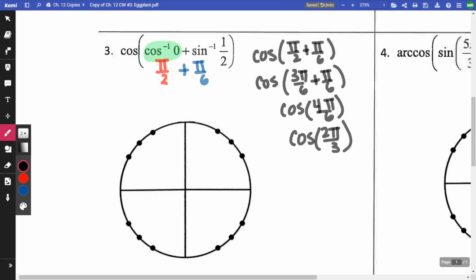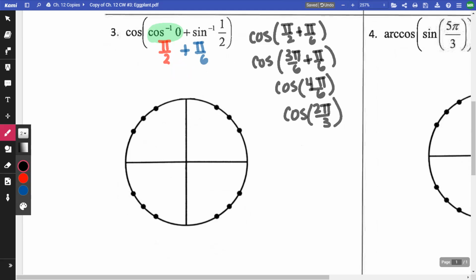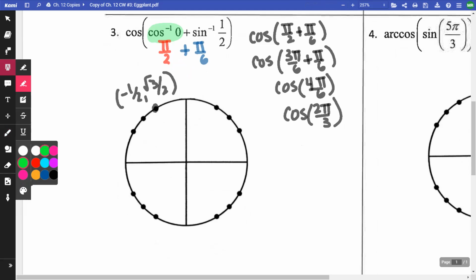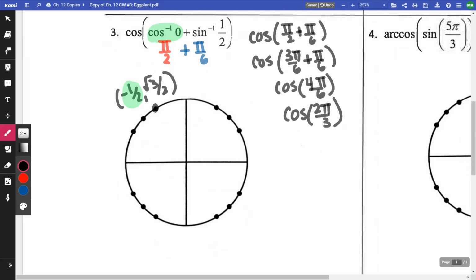So now this is not cosine inverse. I want to know what my cosine of 2 pi thirds is equal to. This is 2 pi thirds right here. And the point there is negative 1/2 comma root 3 halves. So my cosine is going to be my x coordinate. So the final answer to this whole problem is negative 1/2.